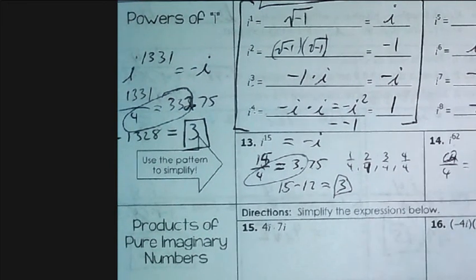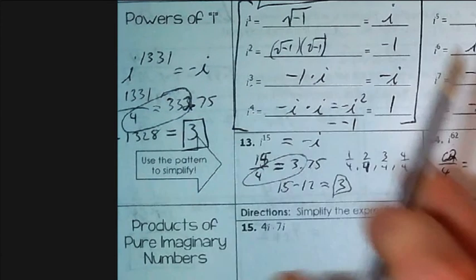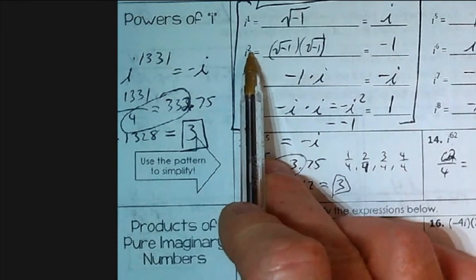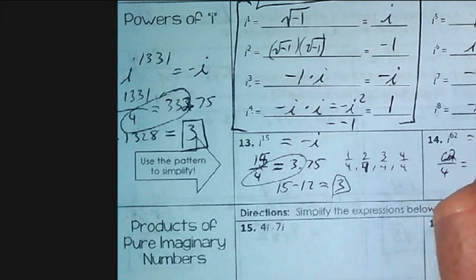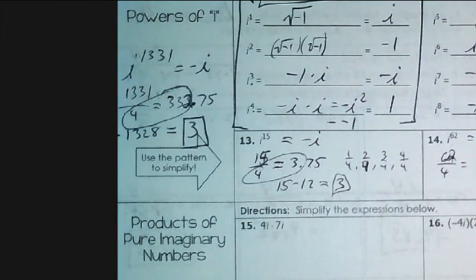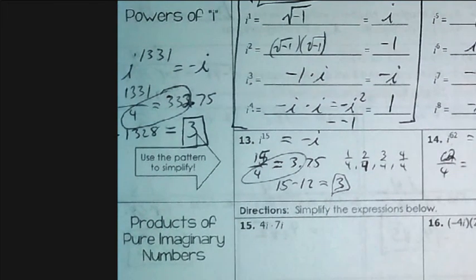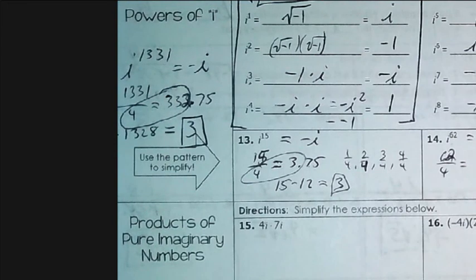So I take my 2 and I match it up with the exponent 2, and I get negative 1. That's another way to do it. All right, we're going to stop the video here.